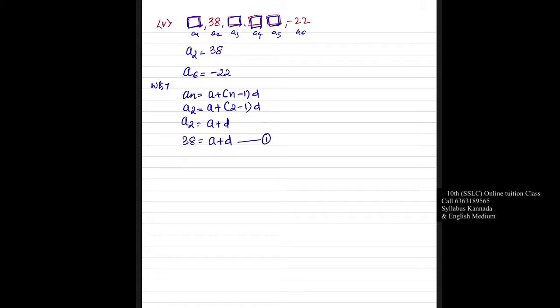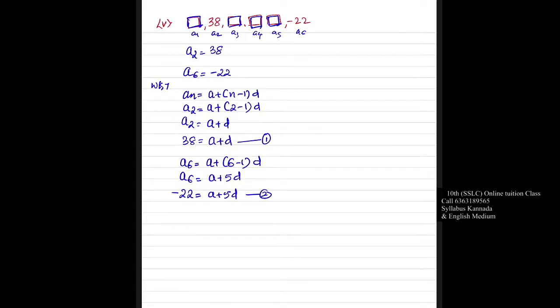Similarly, a6 is equals to a plus 6 minus 1 into d. So a6 is equals to a plus 5d. a6 is -22, so -22 is equals to a plus 5d. This is equation number 2.